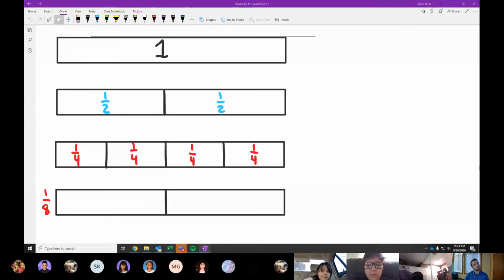Then you cut one on the left. Like where I cut the 1/4? Mm-hmm. Okay. And then the other one on the right.